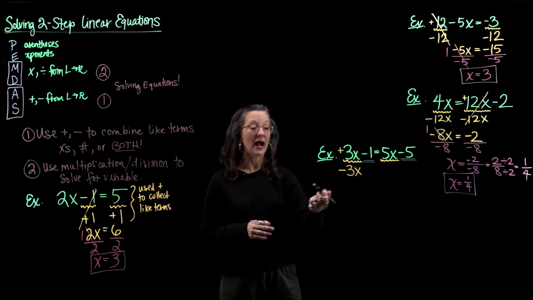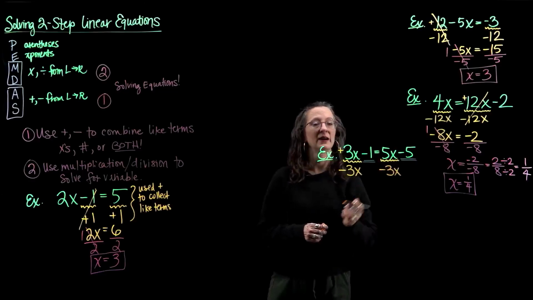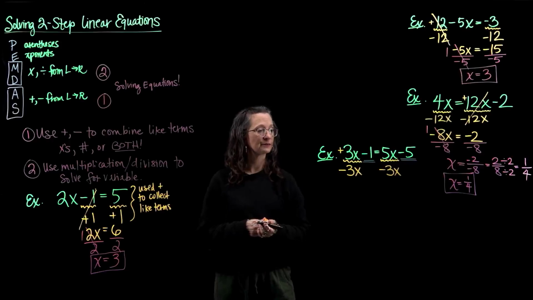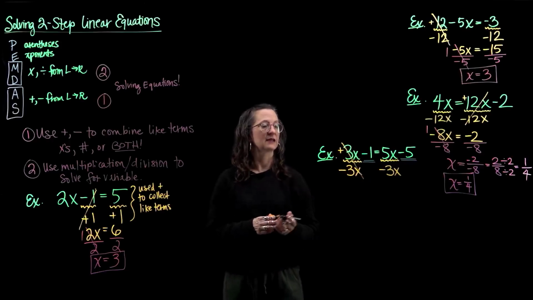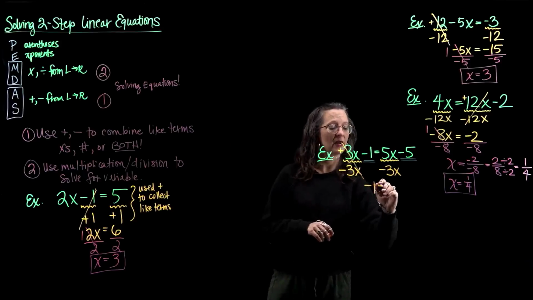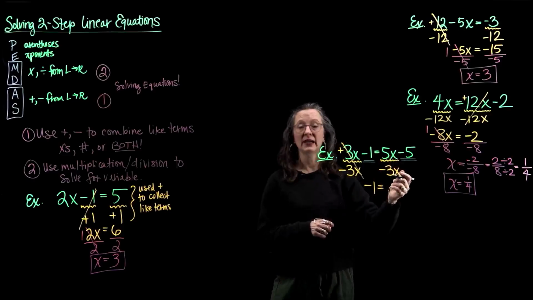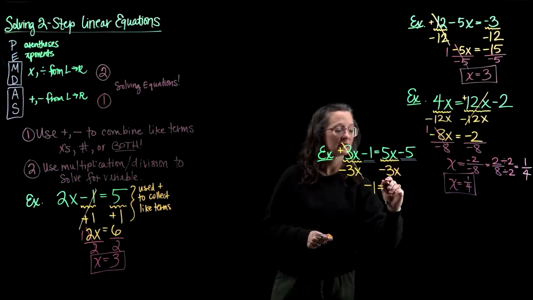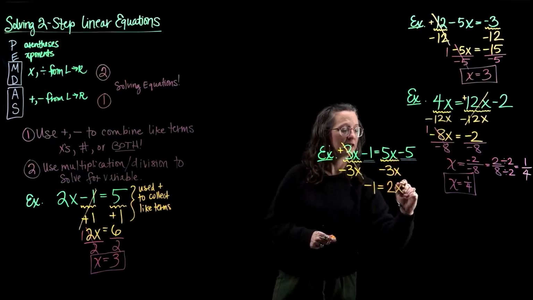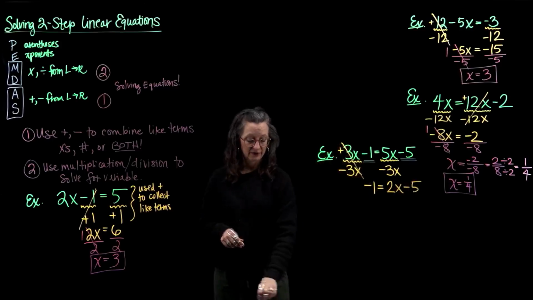We're going to subtract 3x to undo that positive 3x. 3x minus 3x is 0. So on the left-hand side, I'm left with -1. On the right-hand side, I have 5x minus 3x is 2x. And we keep the -5 from above.